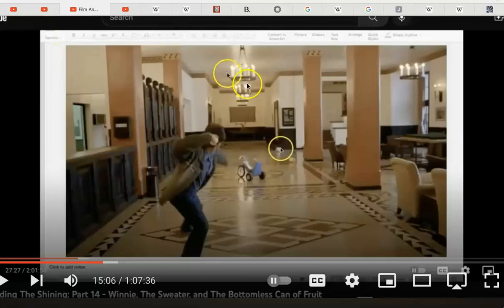The smaller versions are in the lobby, and bigger versions are in the Colorado Lounge. I think the largest one is in the Colorado Lounge, or is it the Gold Room? Maybe it's the other way around. I have to go through the movie again and compare the sizes to make sure.